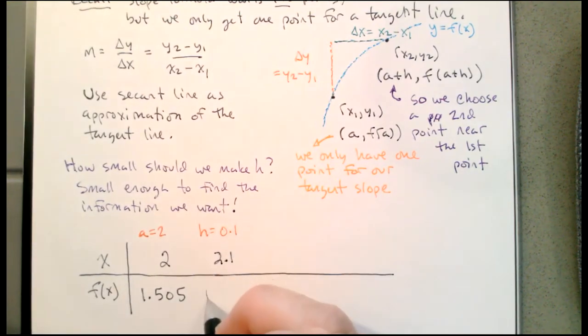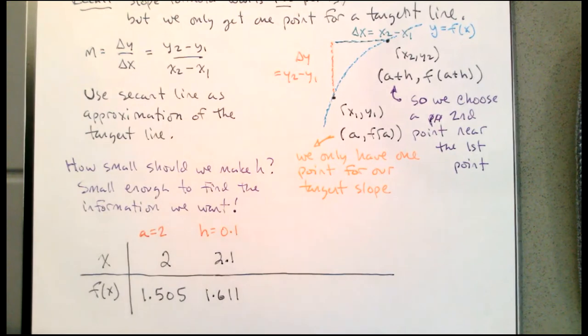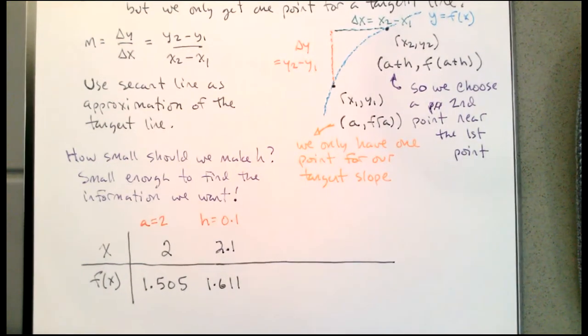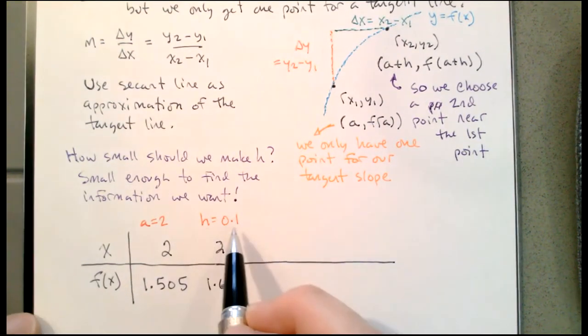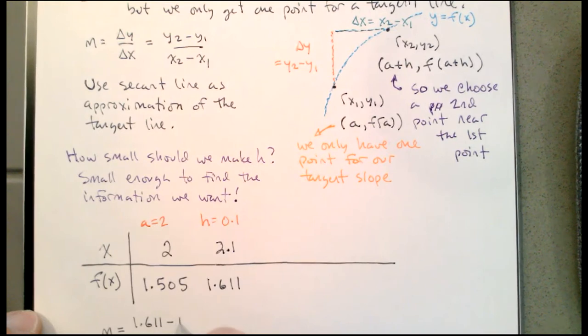Now I've got 2 points, and so I can calculate the slope. For an h of 0.1, our slope is going to be 1.611 minus 1.505 over 2.1 minus 2.